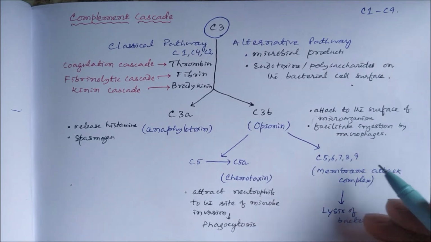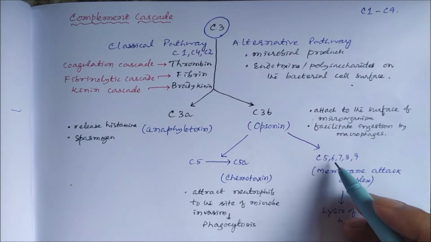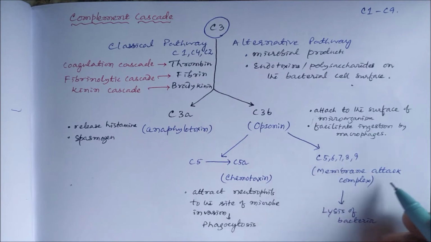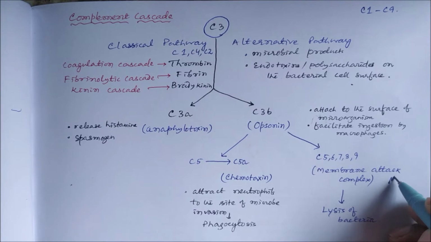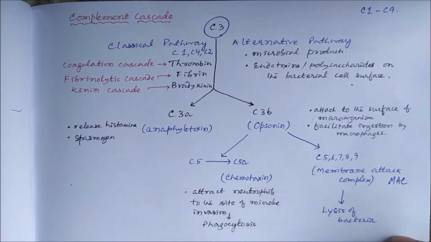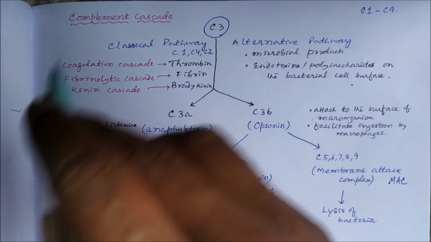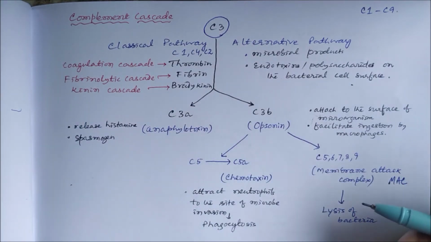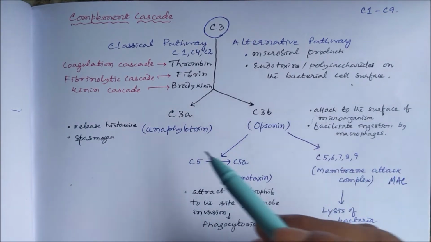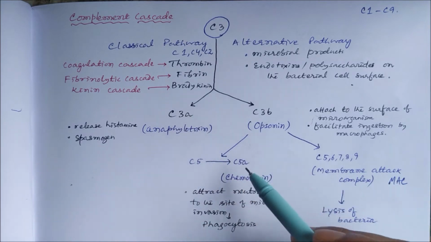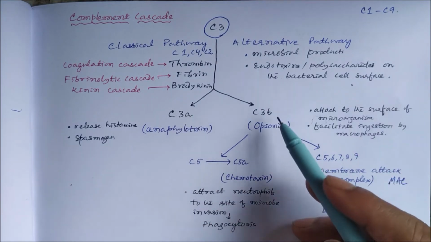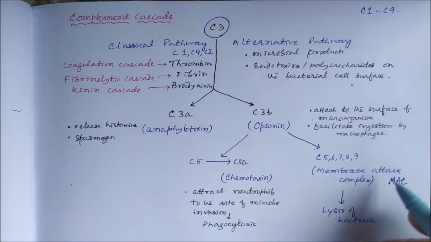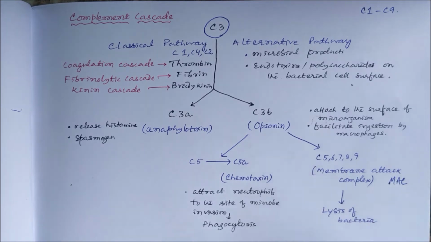Opsonin also forms the complex of C5, C6, C7, C8, C9, and this complex is called the membrane attack complex, MAC, which causes the lysis of bacteria. In this way, the complement cascade helps the immune system either through C3a or through C5a or through C3b or through this membrane attack complex, and helps in eliminating the pathogen or the bacteria.